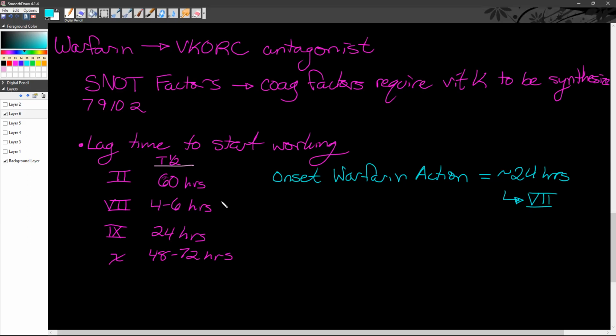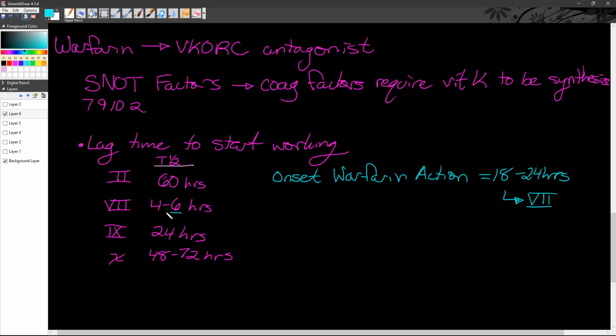The reason is because we take 3 to 5 half-lives, which I should really write it like this (18 to 24 hours). And the reason is because we always count by 3 to 5 half-lives.